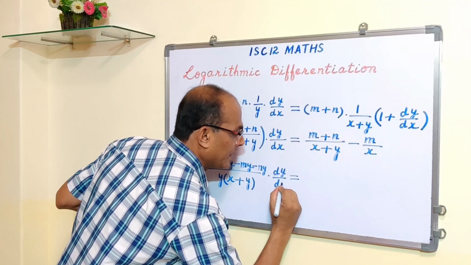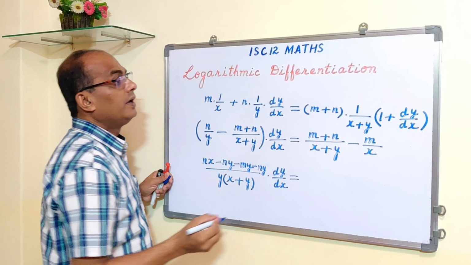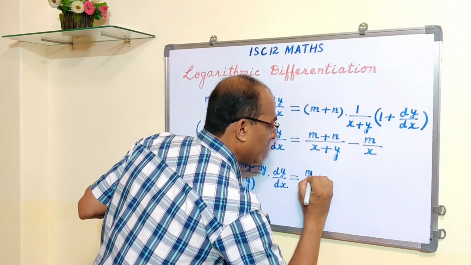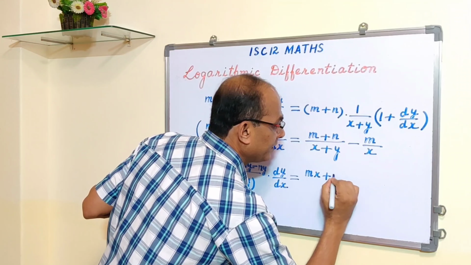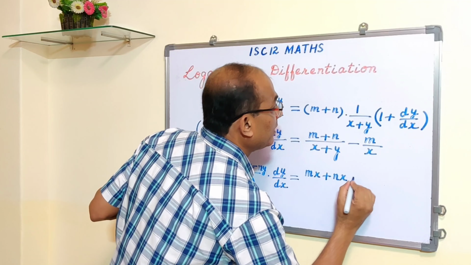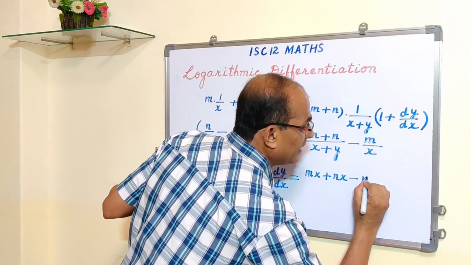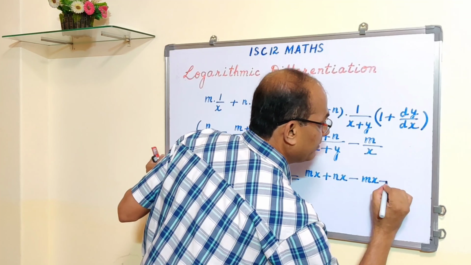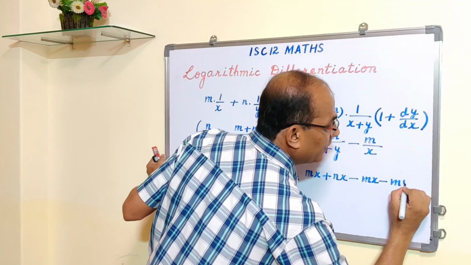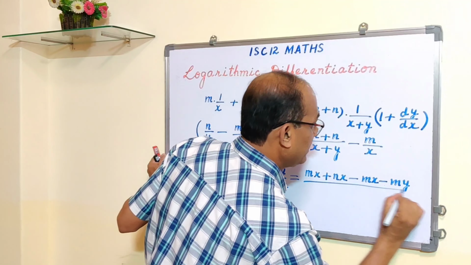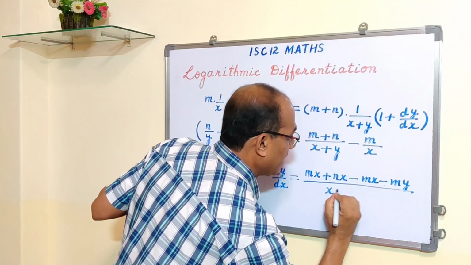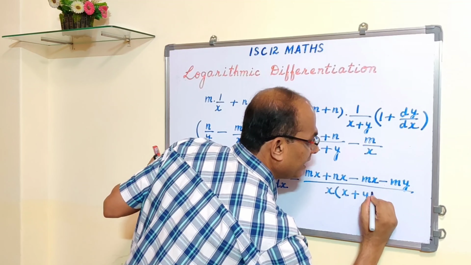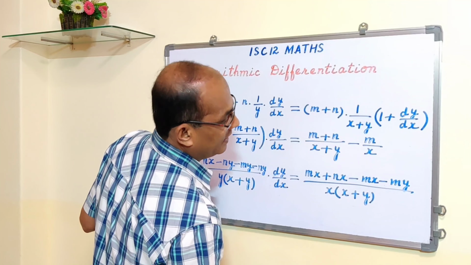Is equal to, here mx plus nx minus mx minus my and whole divided by x plus y. Alright.